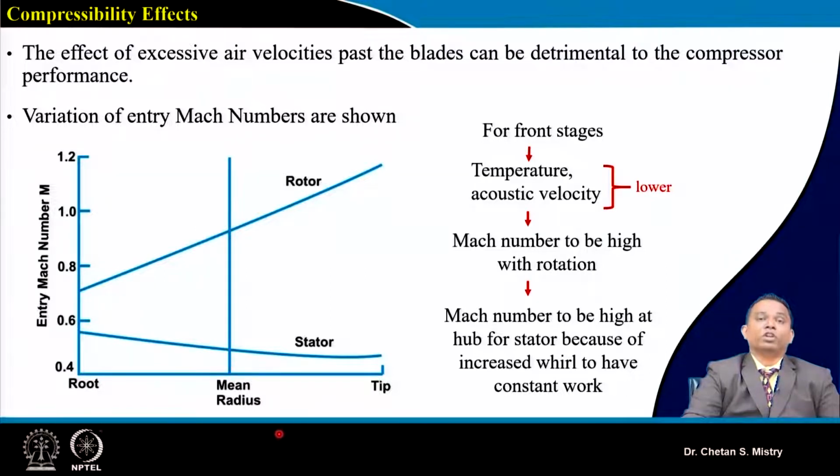If we compare for the rotor, my entry Mach number is lower near the hub region, and it is higher near the tip region. And for the stator, the reverse configuration, we have our entry Mach number larger, and that is because of the constant work loading and the whirl component coming into the picture. Okay, so this represents how my entry Mach number varies along my span, along my radius.